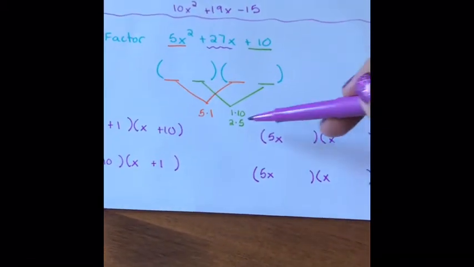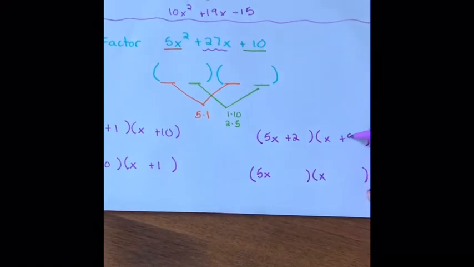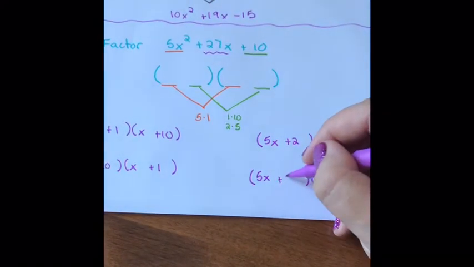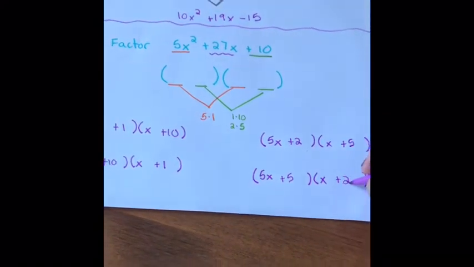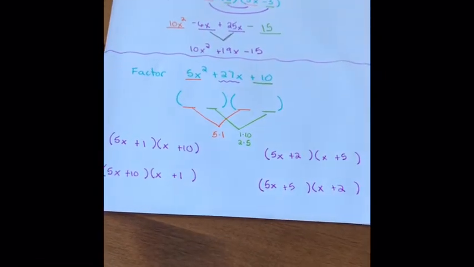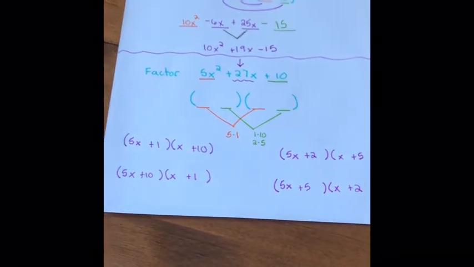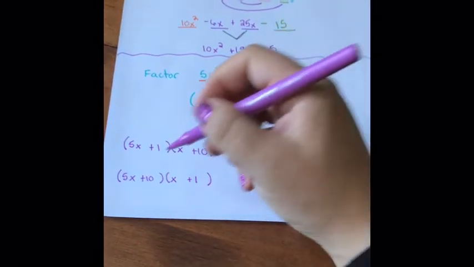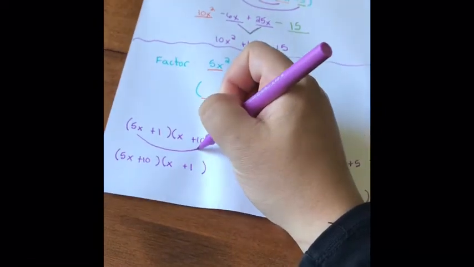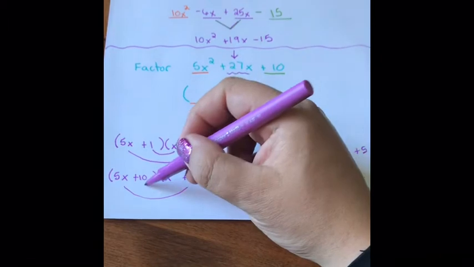Then the other combination would be 2 and 5. So it's either plus 2 plus 5, or plus 5 plus 2. So those are the four possible guesses you can make, and now figure out which one is going to give you 27. And 27 comes from doing the outside and the inside.